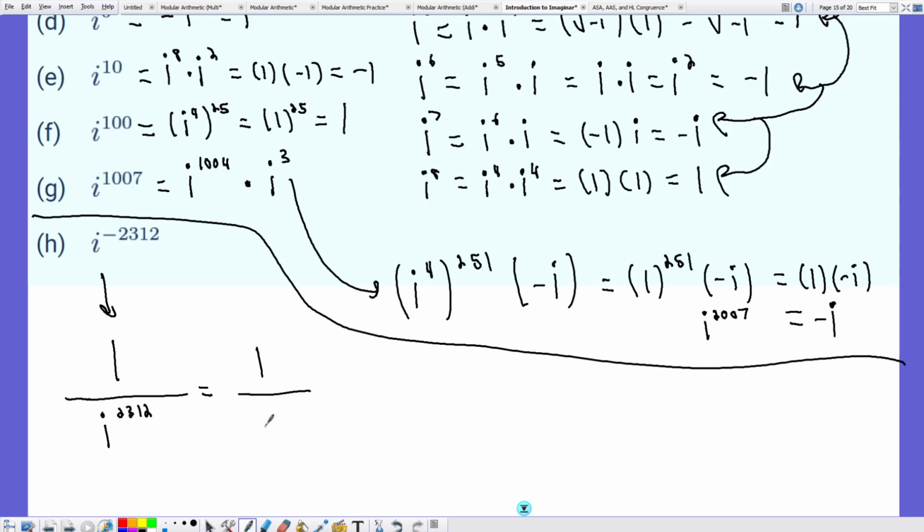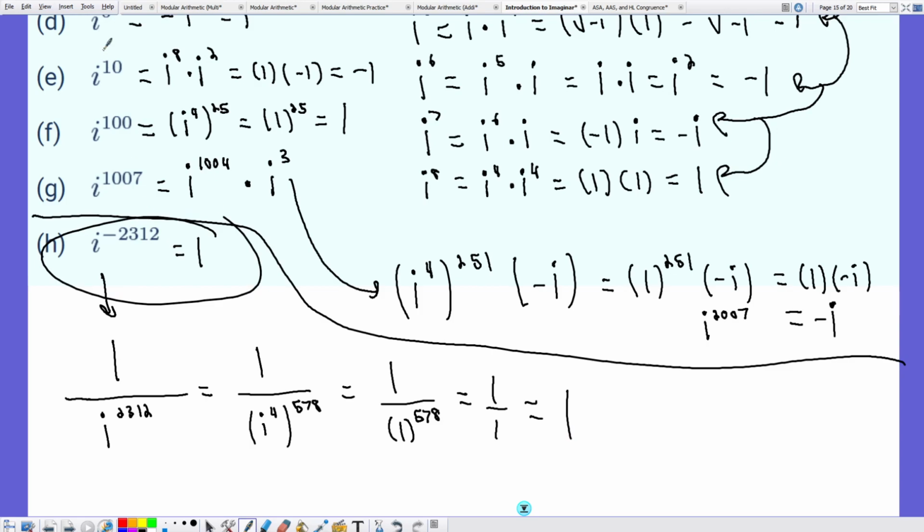That's 1 over i to the 4th power raised to the 578th power, which is just 1 over 1 to the 578th power, which is 1 over 1, which is just 1. So this is equal to 1. And that's our answer. Once we understand these powers of i, we can easily break things down in such a way to make all the work very, very simple.